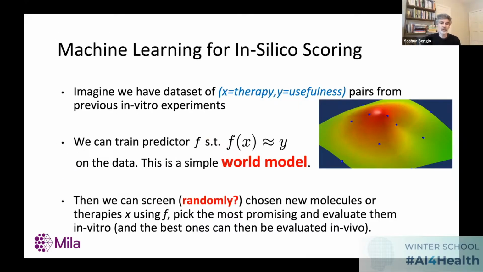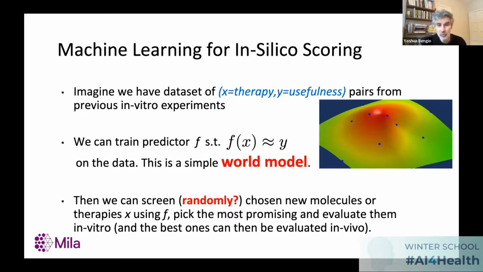Right, so the first thing we want to do is the supervised learning I talked about. We have data, say we have some set of therapies, say drugs X, and we have experimental results, maybe clinical results, that tell us how useful those drugs seem to be. Usually we're going to have lots of data of what we don't exactly want, like maybe from single cell experiments, in vitro experiments, and a little bit of data of things we really want, like actual humans or mice taking those drugs.